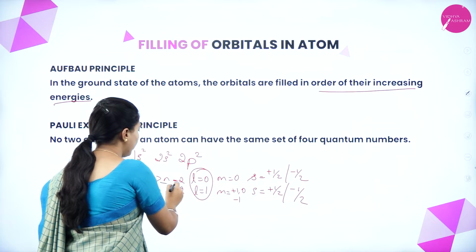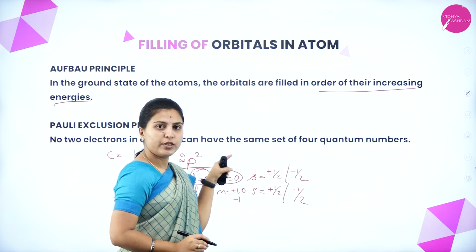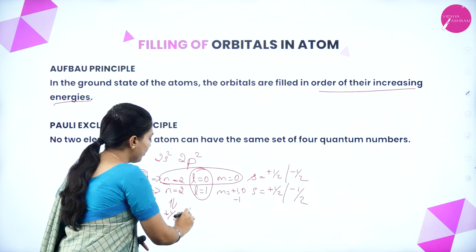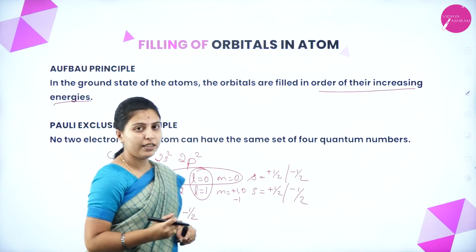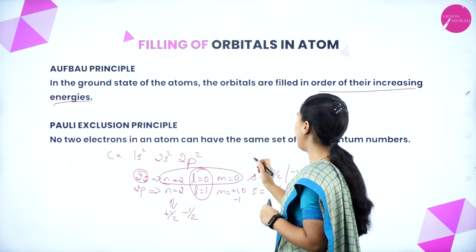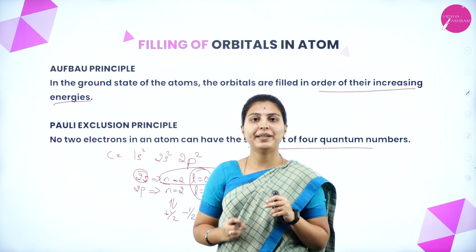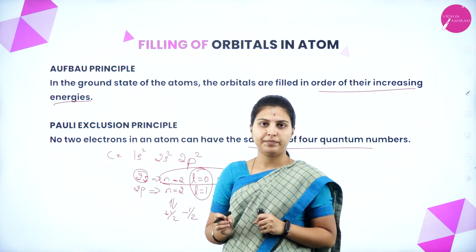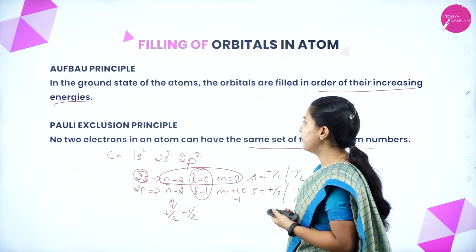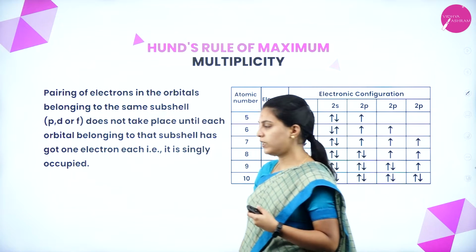All things are the same, but in the spin quantum number, one will be plus half and another will be minus half. By that we can conclude that no 2 electrons in an atom can have the same set of 4 quantum numbers. One of the quantum numbers will be different. That is the Pauli exclusion principle. Next, Hund's rule of maximum multiplicity. What does it mean?